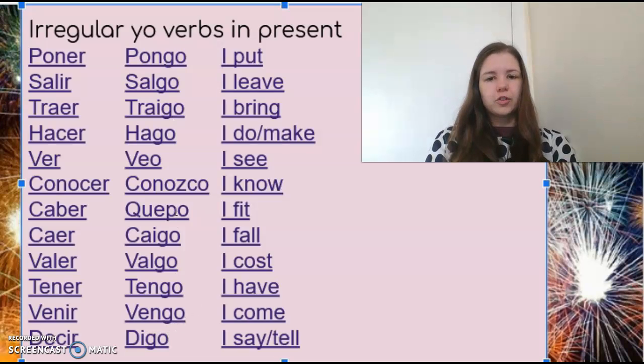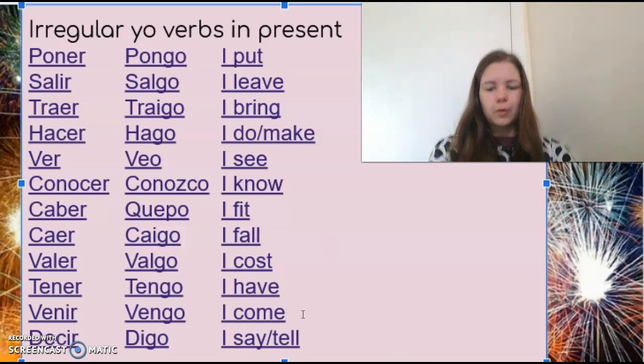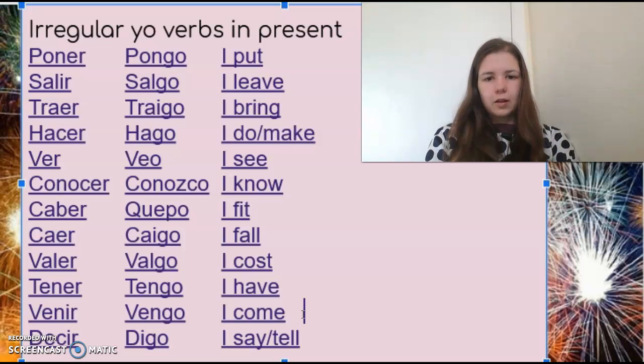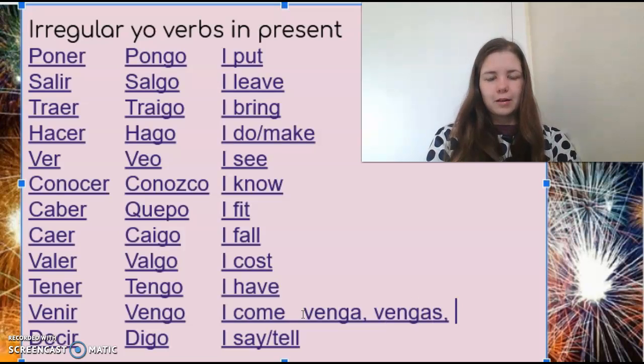I know there are a lot of G's and C's in here. They do not spell change because for mostly ER and IR verbs that would get A's, and they already have O's here, so that doesn't make a difference with the spell changing. So for instance, if I were to do venir, to come, in the present subjunctive, so if I said I hope I come, I'd have venga, I hope that you come, vengas, he, she would be venga, we come, vengamos.